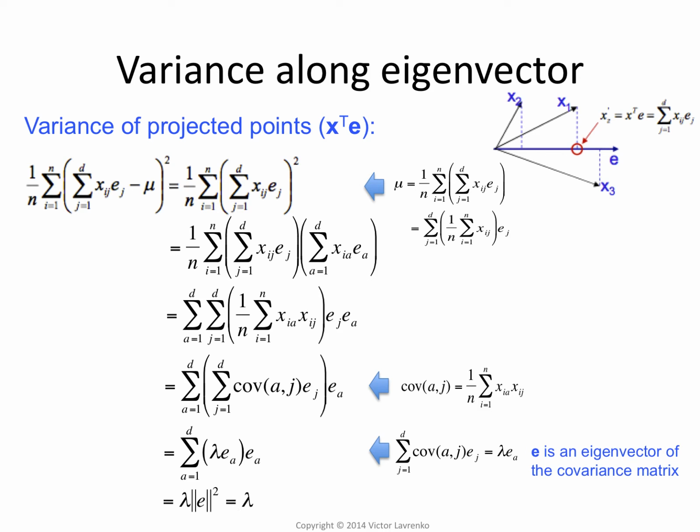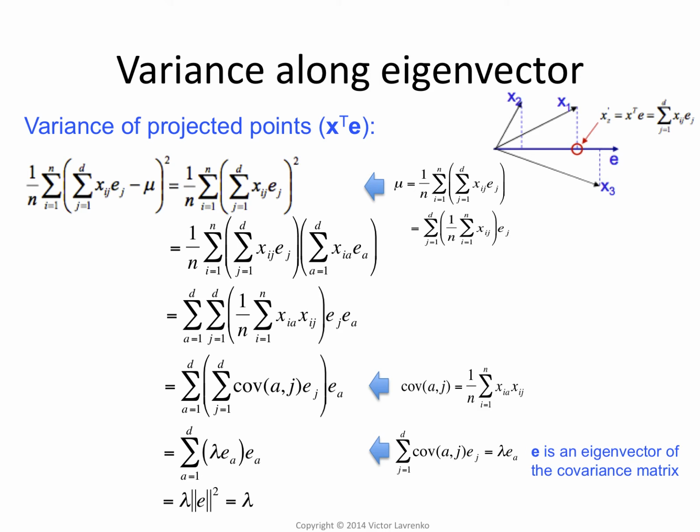So I have the sum of the squared elements of the eigenvector, and my eigenvector is unit length, so the sum of squared elements is just going to be 1. What I'm left with is lambda, the eigenvalue that corresponds to the eigenvector.